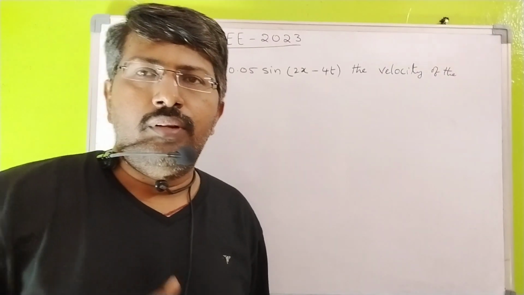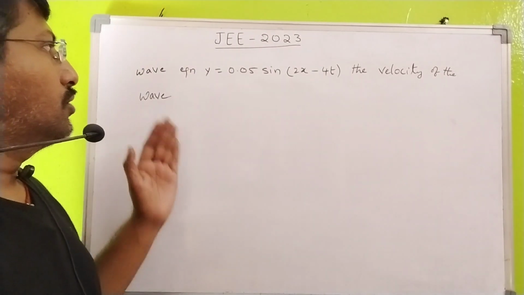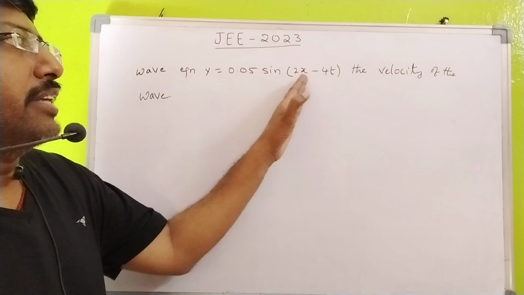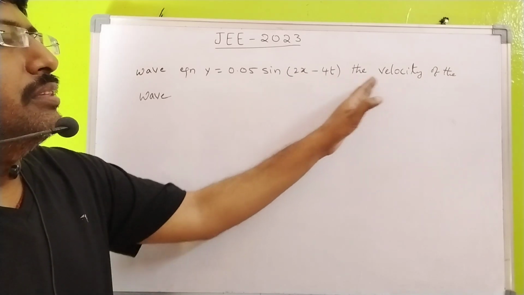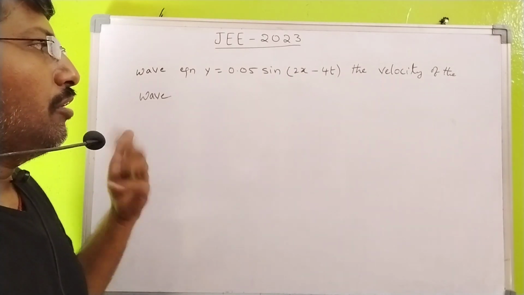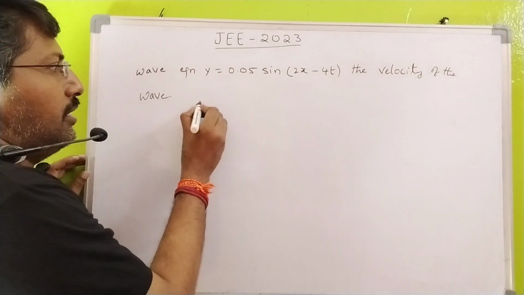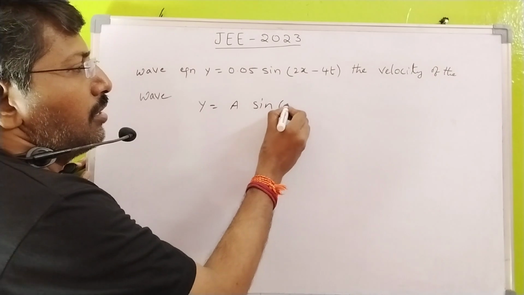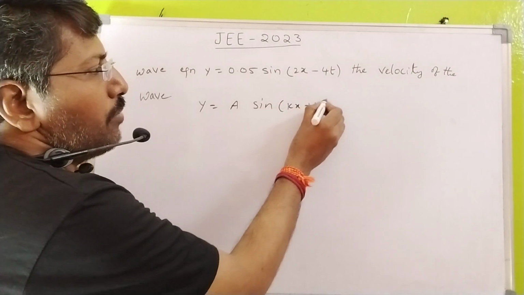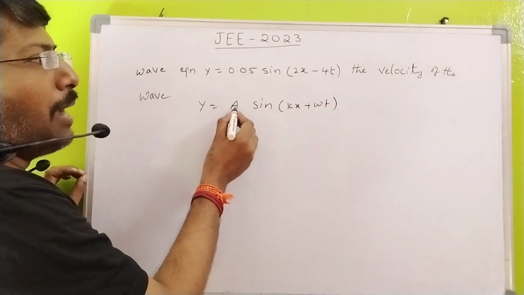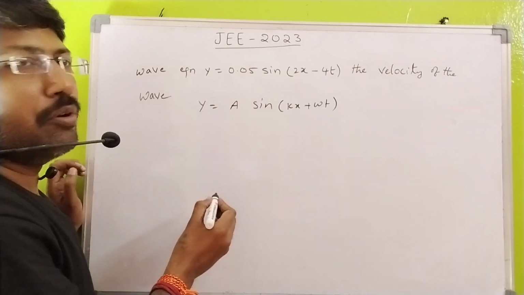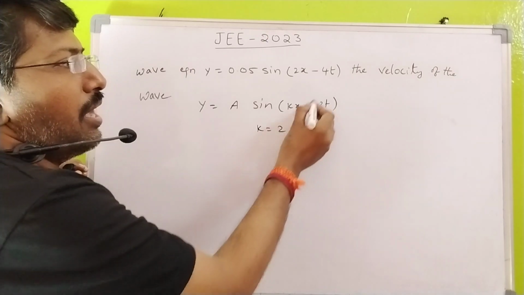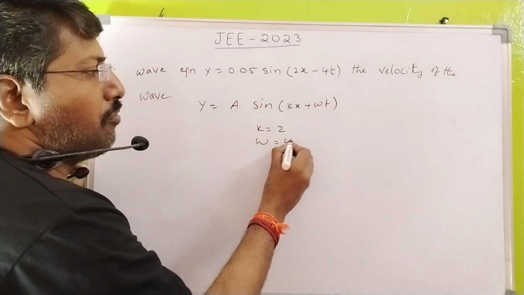Okay, next problem is given from the waves. If you observe, y is equal to 0.05 sine (2x minus 4t), find the velocity of the wave. If you compare with the standard equation y is equal to a sine (kx plus omega t), here the amplitude is 0.05, k is equal to 2 and omega is 4.